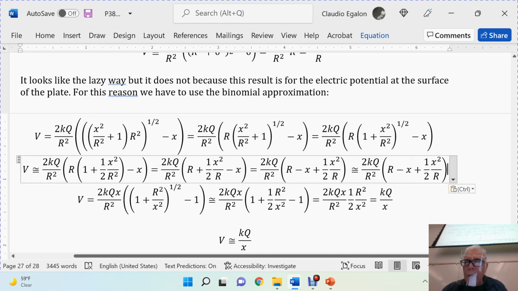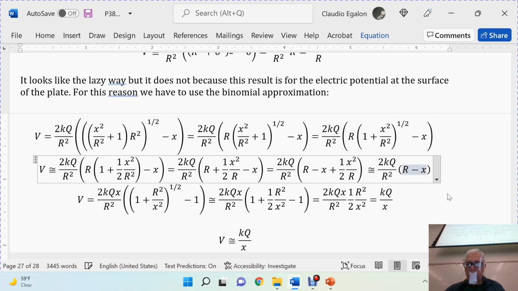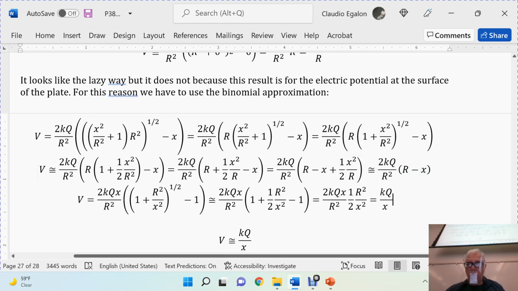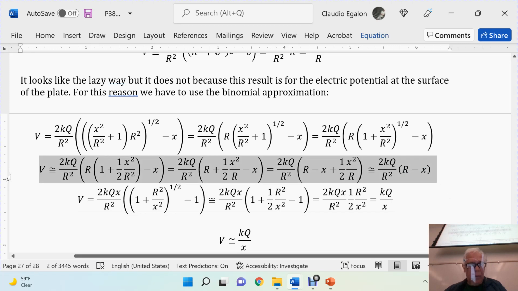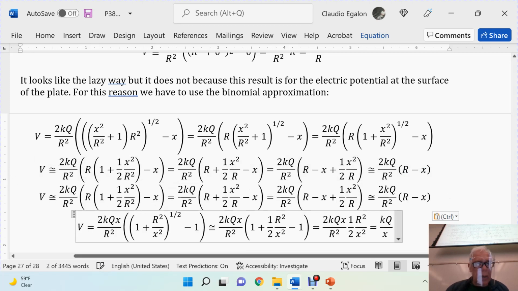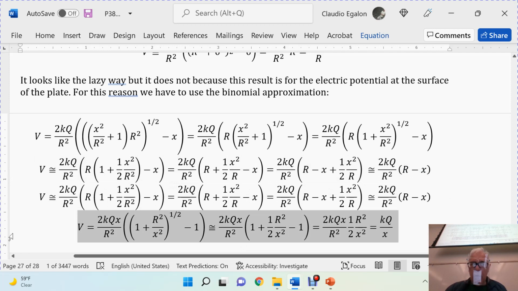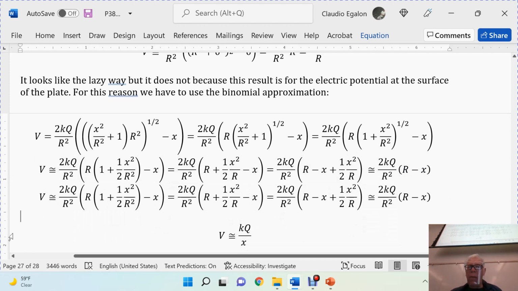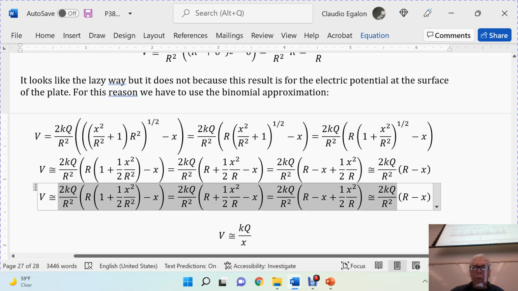And now we have the electric potential that changes linearly with x, right? If we take the derivative of that with respect to x, we get a uniform electric field. So let me just put this final result here. Good, better.